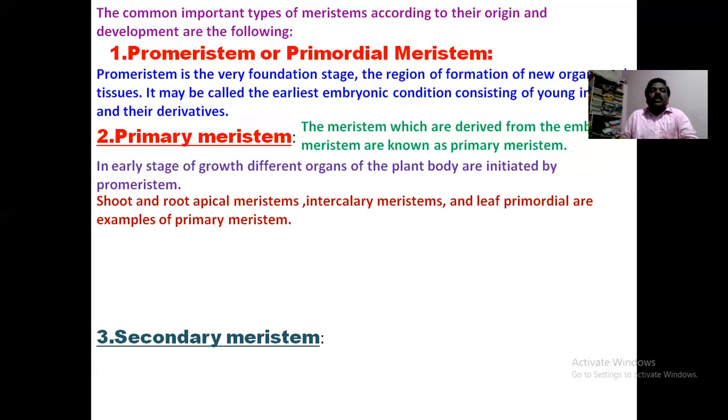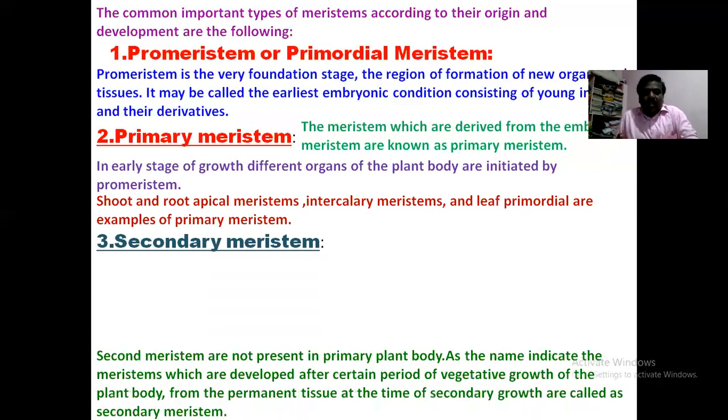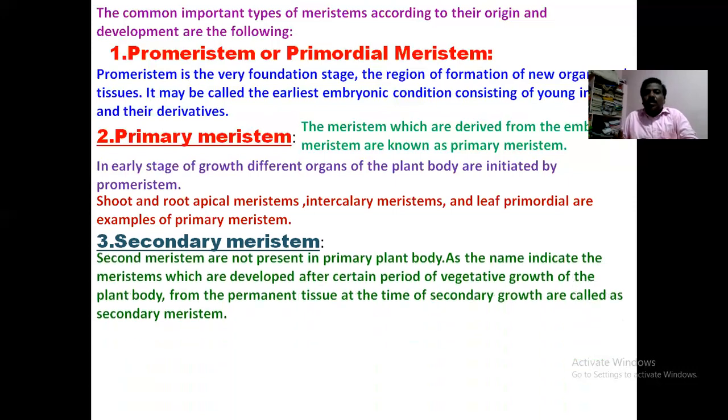The third one is secondary meristem. Secondary meristems are not present in the primary plant body.